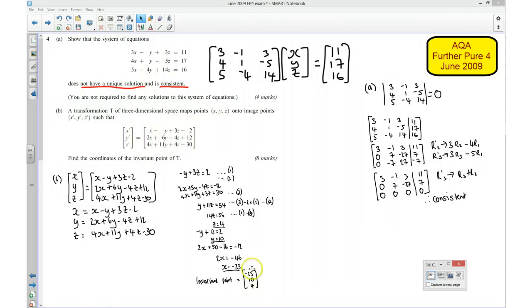If I put negative 23 in for x there, and 10 in for y, and 4 in for z, I've got negative 23, take away 10, which gives us negative 33, plus 3 lots of 4, which gives us negative 21, take away 2 gives me negative 23, and the x coordinate ends up back where it started.